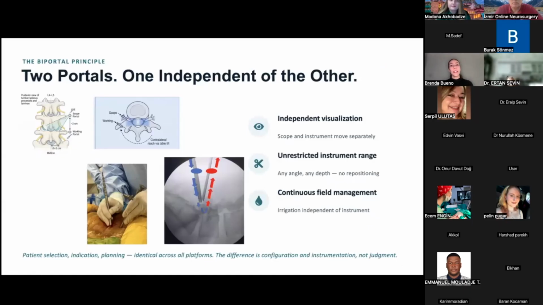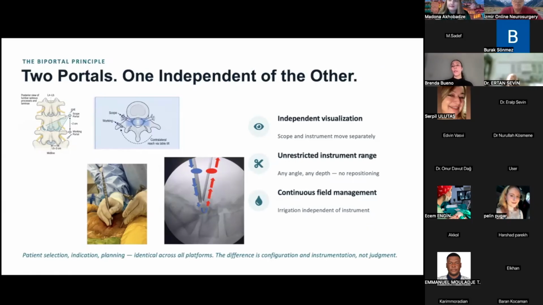And what is different about biportal compared with other endoscopic techniques? Well, we have two portals, and it gives some advantages because you have one portal for vision, the endoscope, and another one for your instruments, the working portal. So this gives you unrestricted movement.